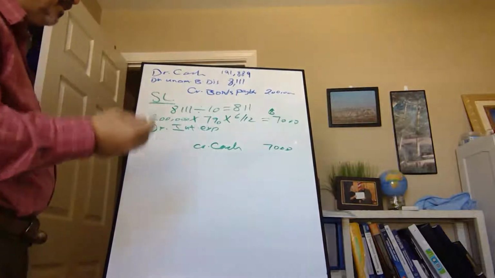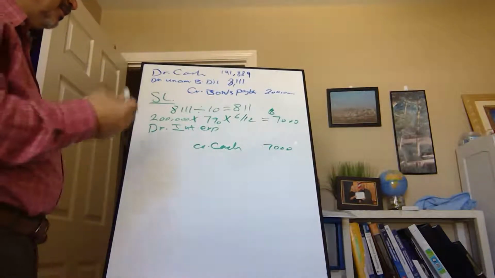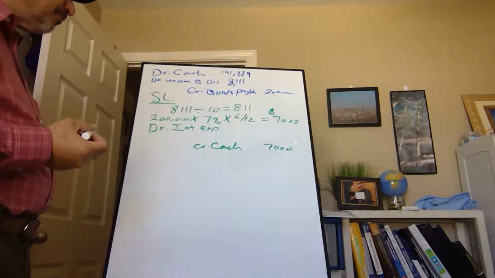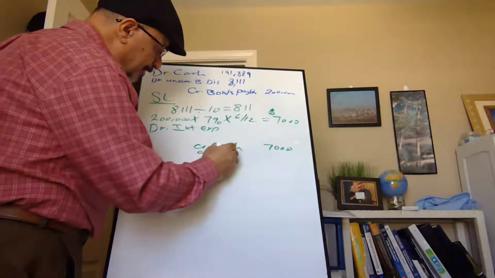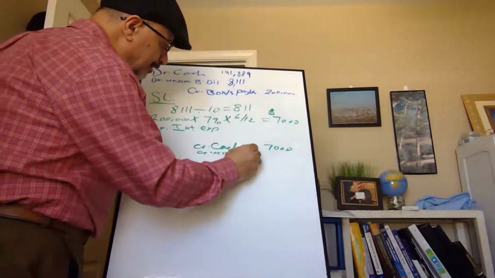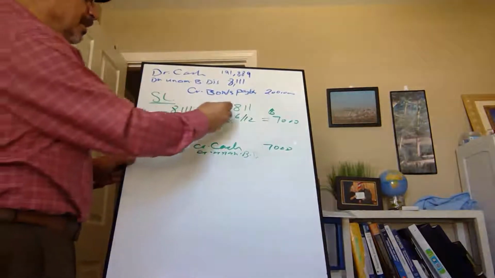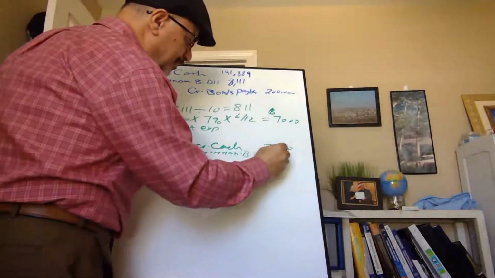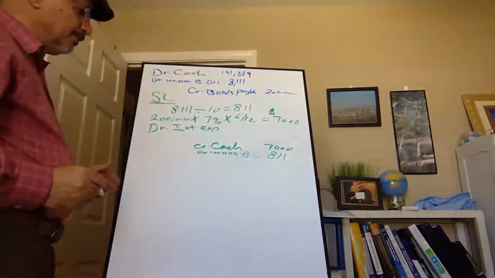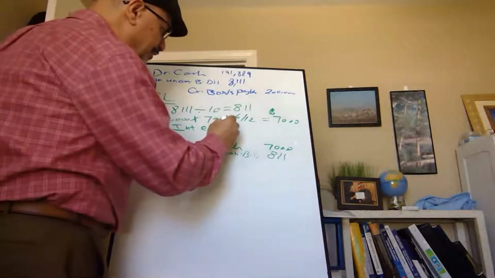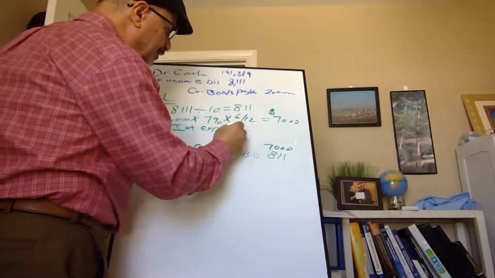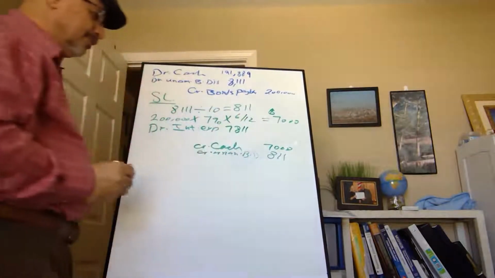So when we amortize it, we have to credit it. All right, so we're going to credit unamortized bond discount for $811. And therefore the interest expense is going to be $7,811.